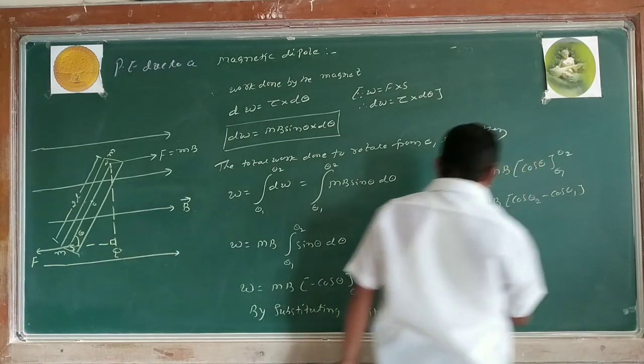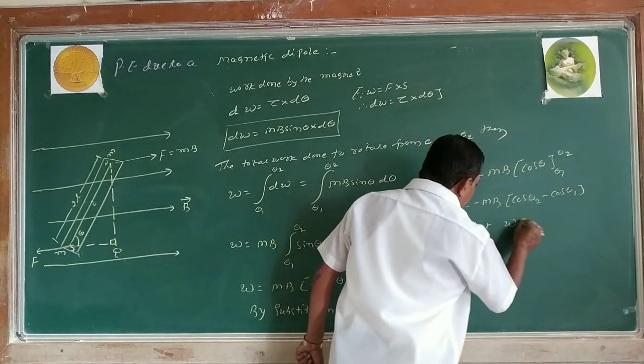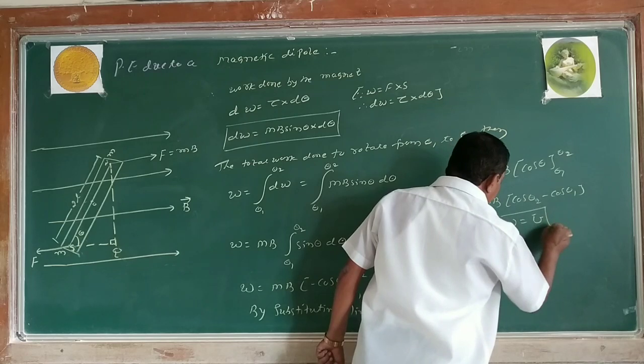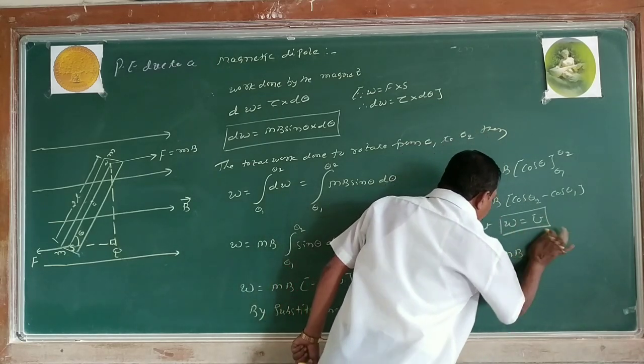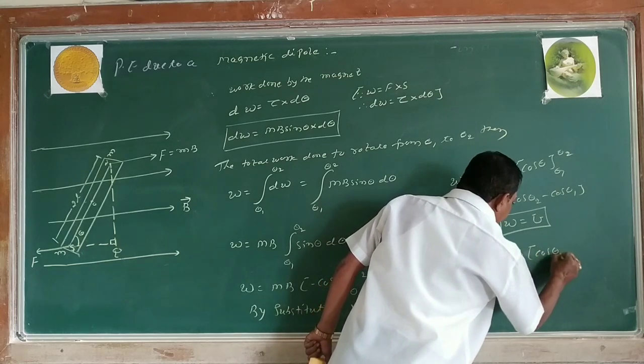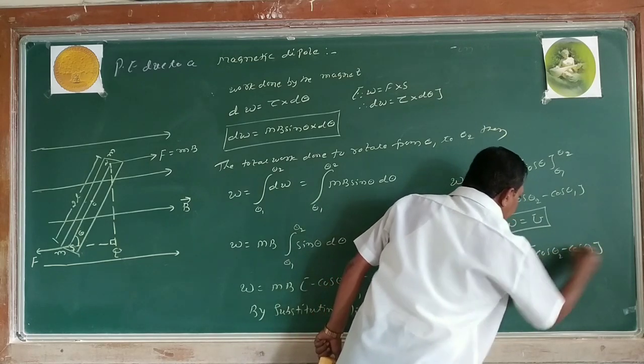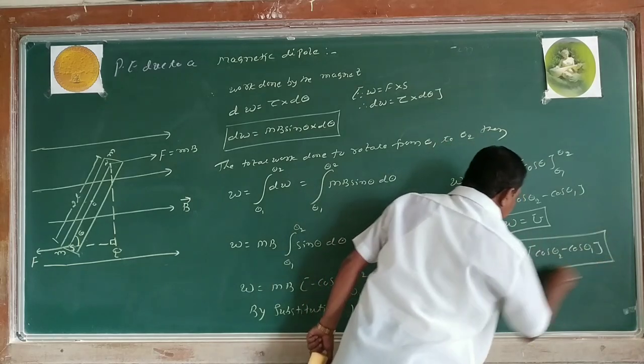This work done is stored as potential energy. So U equals minus mB (cos theta 2 minus cos theta 1). This is our equation.